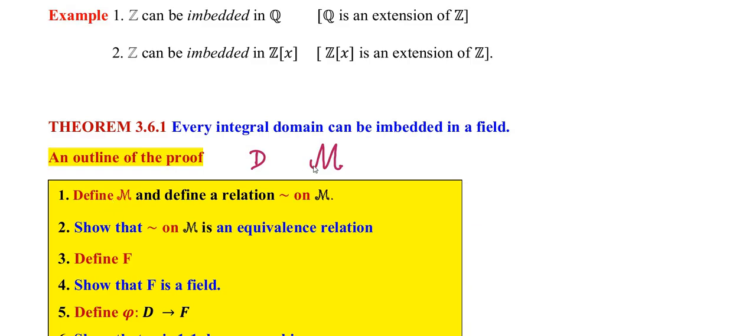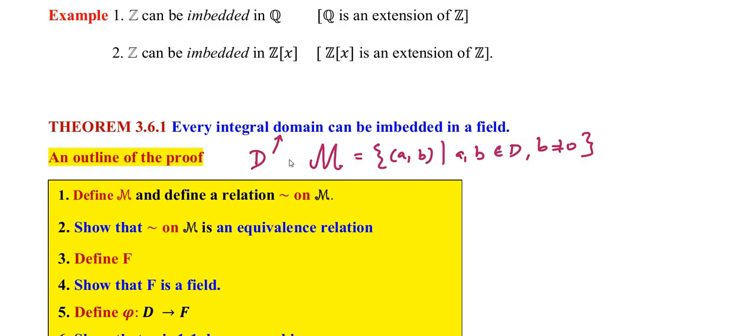Actually, it is the collection of all ordered pairs (a, b), where a and b are elements of D, the given integral domain, and we must mention that b is a non-zero element in D.